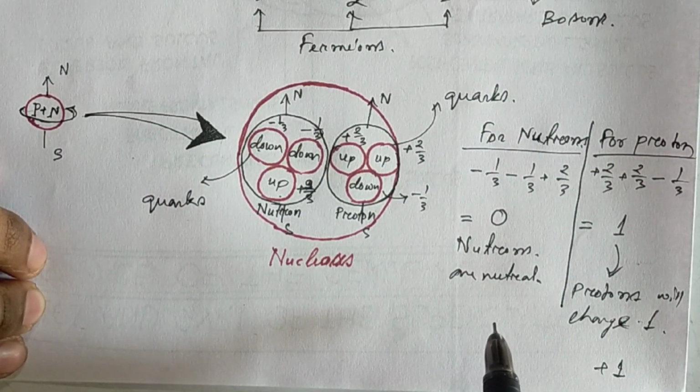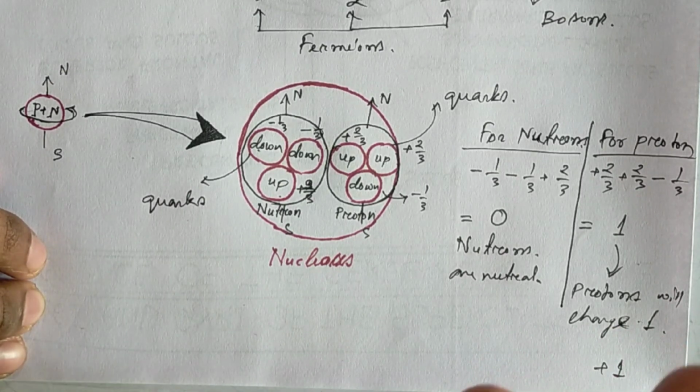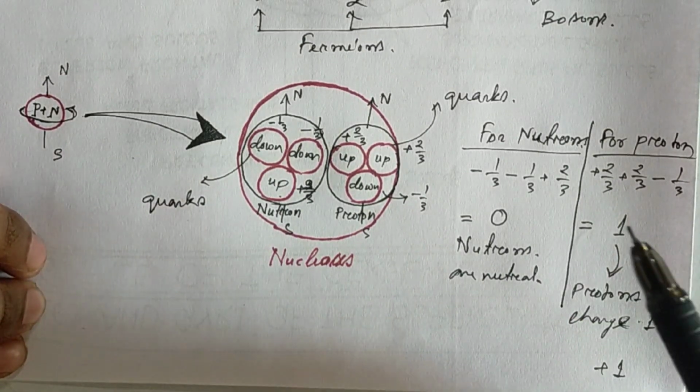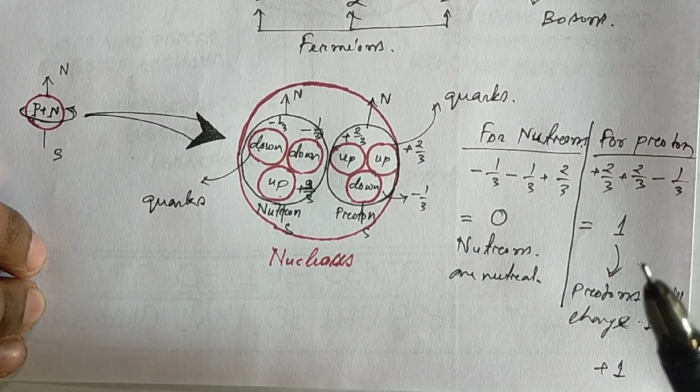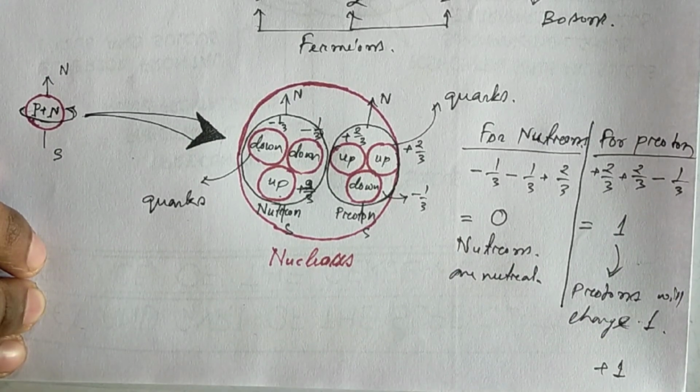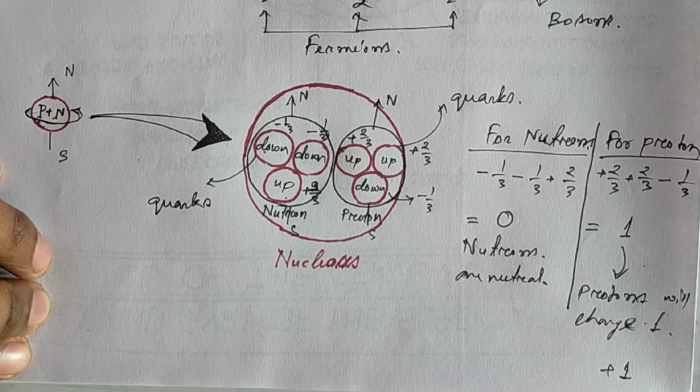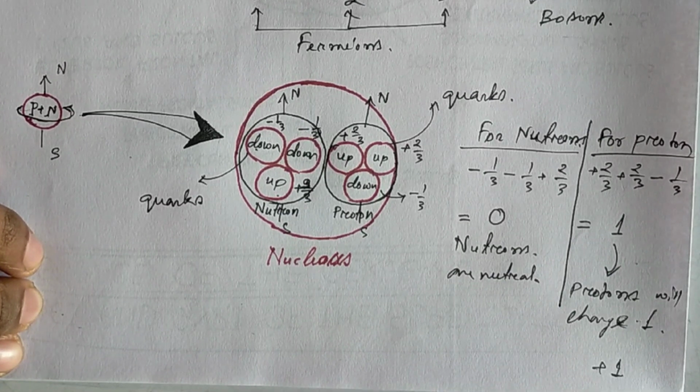But these are two different things: being neutral and being uncharged. Neutrons are neutral, but they have subatomic particles which have charge. For better understanding, you can consider an atom.